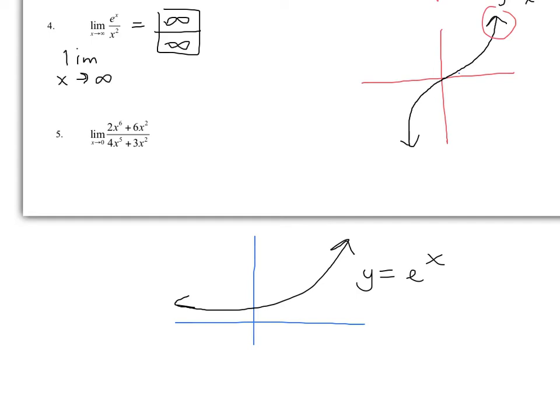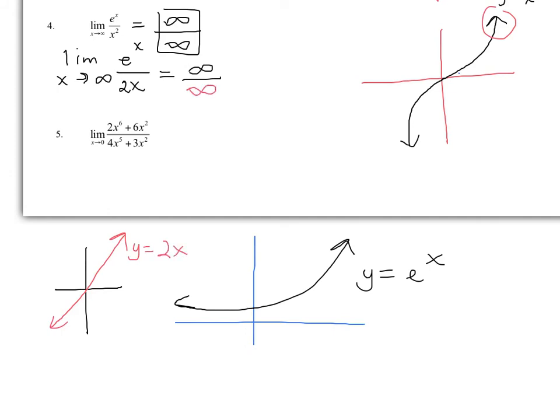The derivative of e to the x is e to the x. The derivative of x squared is 2x. And we try again. E to the x, of course, is going to be infinity. 2 times x is just a line that looks like this. So again, that's going to be infinity.